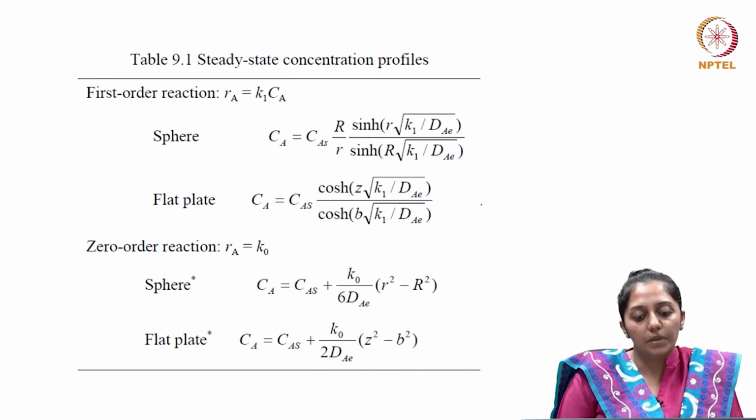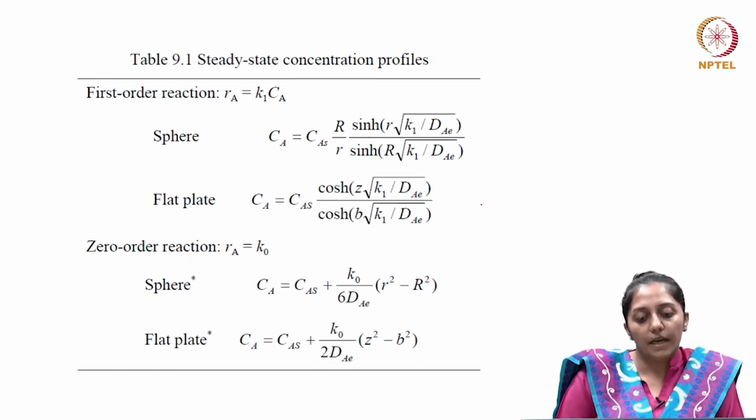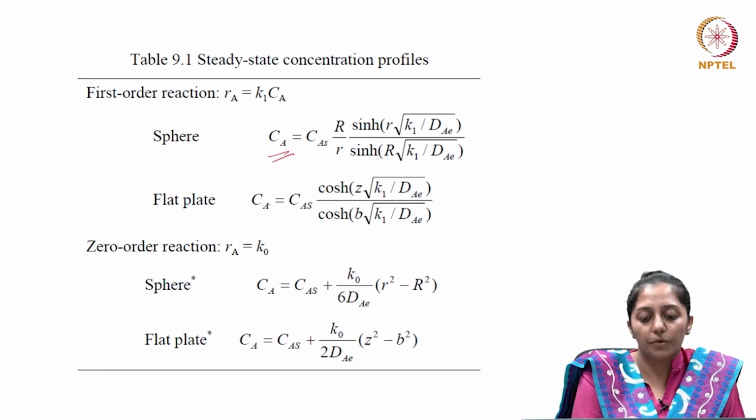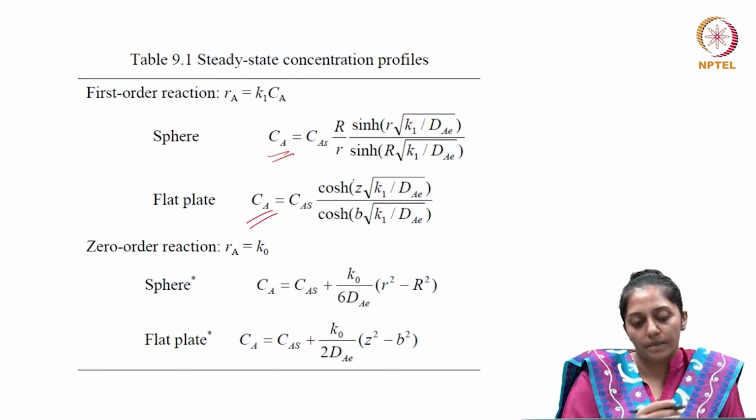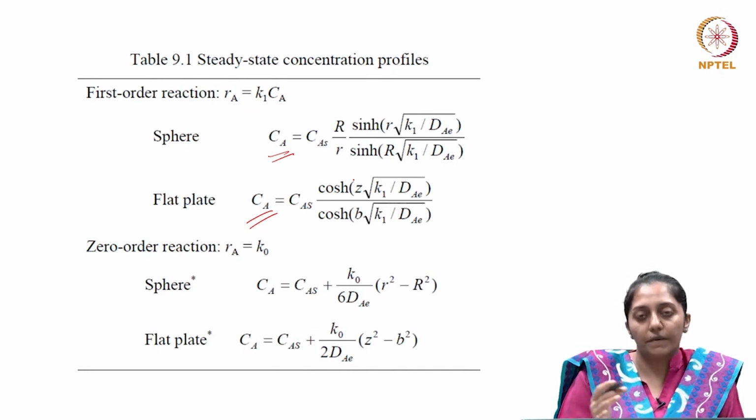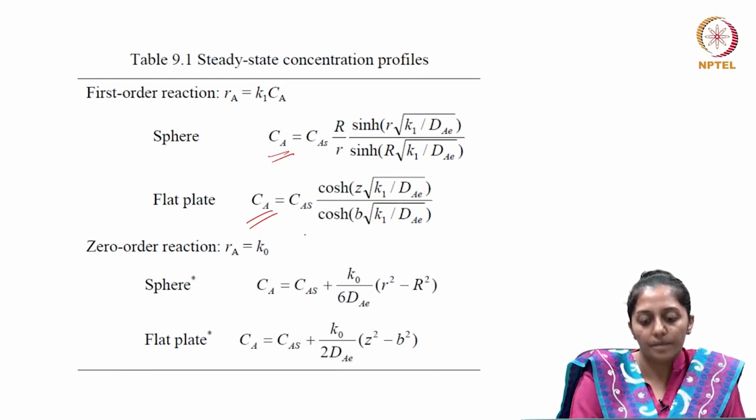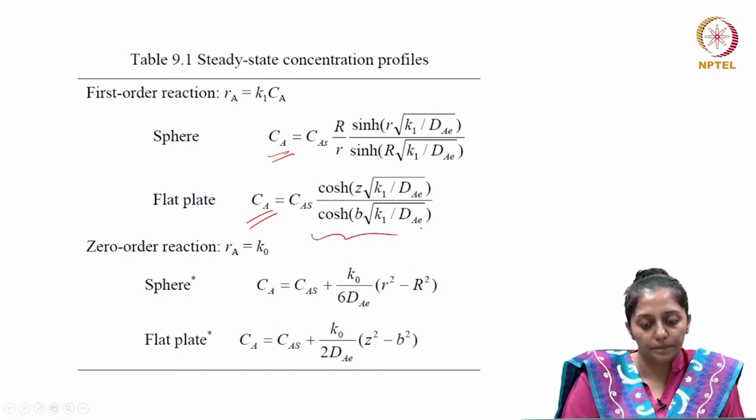If you see this table for first order reaction, if we consider a spherical pellet or a flat plate geometry, this is how the concentration profile would look with a change in the distance. If it is a sphere, from the surface of the pellet to the inner core, defining the radii as r, that distance, otherwise the length.